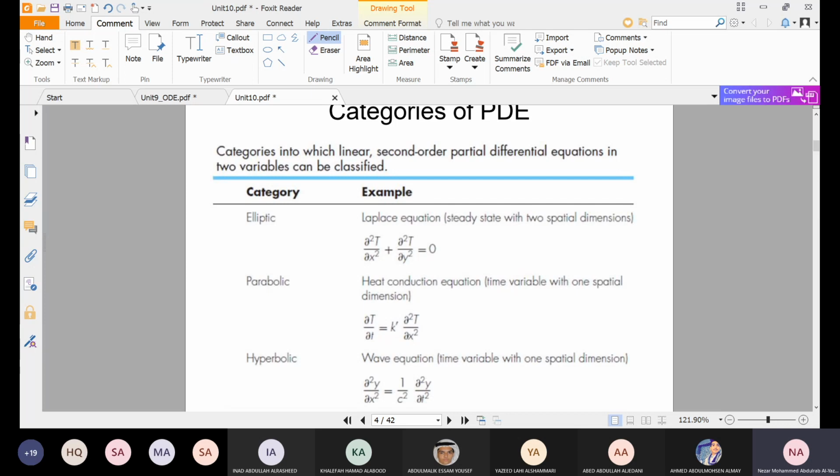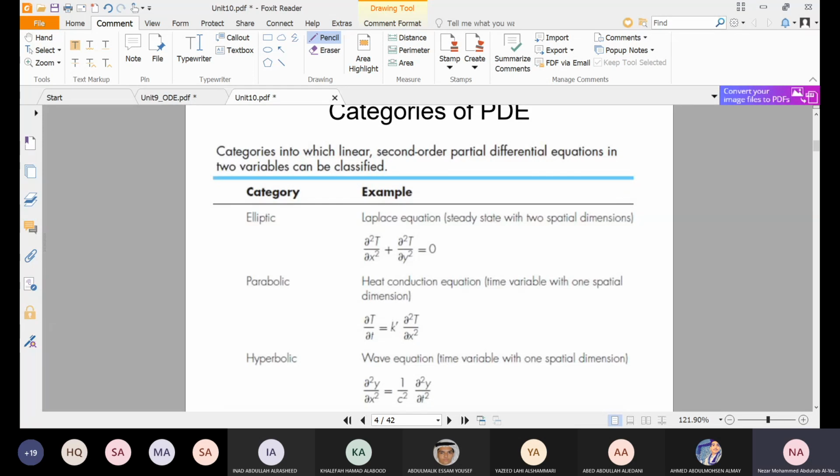The classification of the PDE equations. Some classes of this equation are available, either linear, second order, or nonlinear equations. Also, we can have three classes here: elliptic, parabolic, and hyperbolic equations.